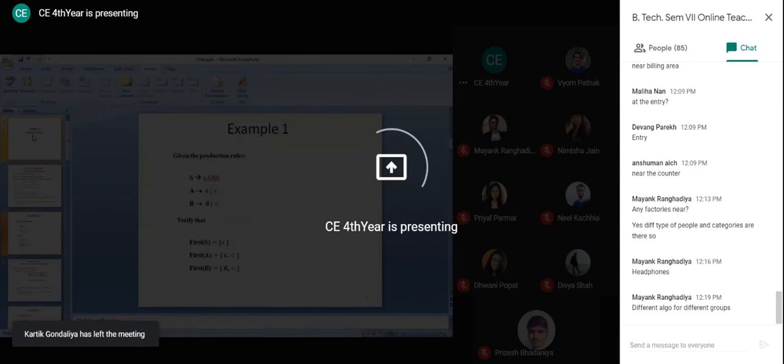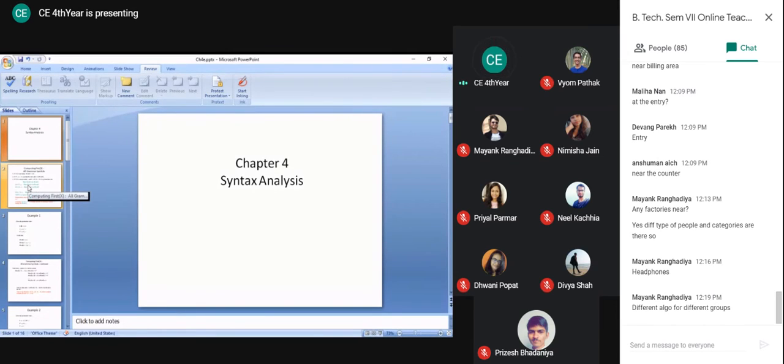So now, let us see what the first set is. Basically, the first set is the first terminal symbol which we can derive from the given grammar production, or we can say the first terminal symbol we get from the given non-terminal during the derivation process.